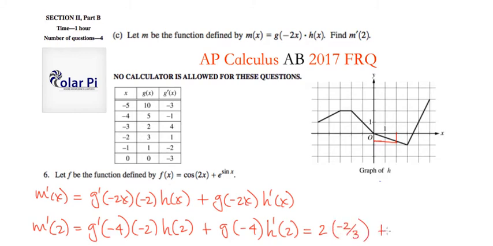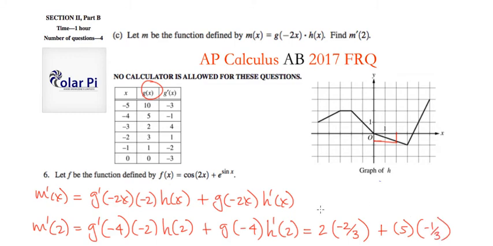And then plus g of negative 4. We go to negative 4 and read off, and that's 5. So we have 5. And h prime of 2, from our work in part B, is about the slope of that segment right there, and we said that it was negative 1/3. So negative 1/3, right?